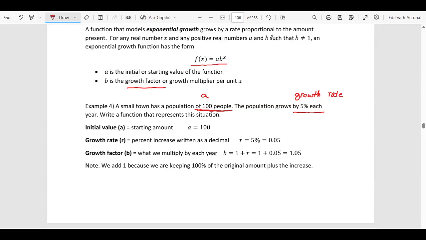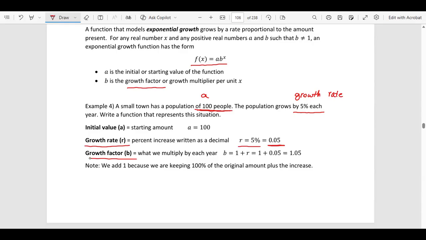But b is the growth factor, not the growth rate. There is a difference between the growth rate and the growth factor. Growth rate means the percentage of increase. That's 5%, but we never work with percent in the problem. We always have to change it to a decimal, so instead of 5%, we put 0.05.